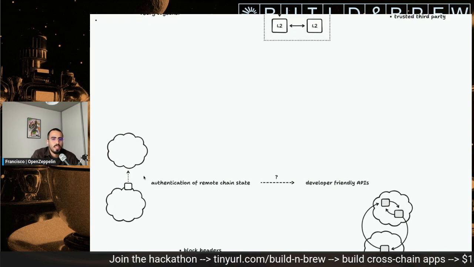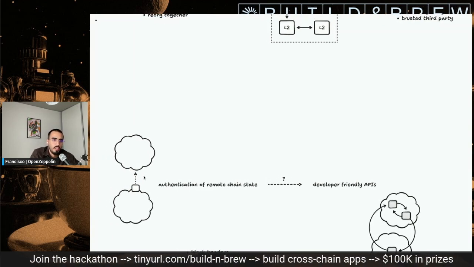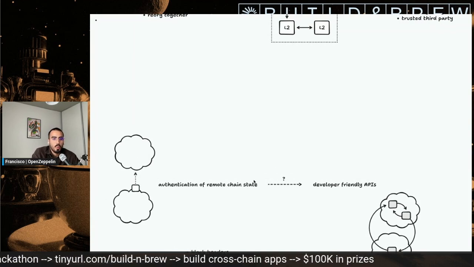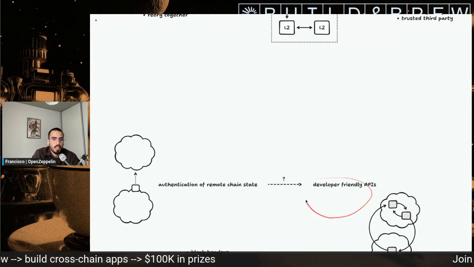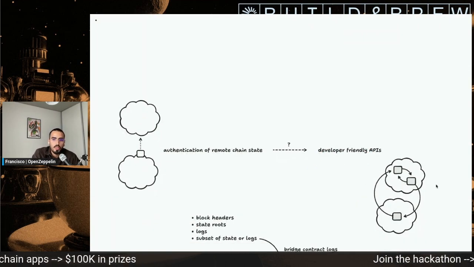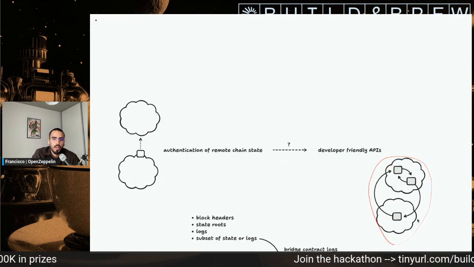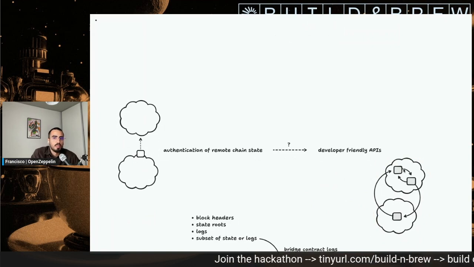But this is not really what we want for the end developer, right? So we want to know now, how do we get from there to developer-friendly APIs? We want something that looks more like this, where within the same chain, we can call functions very easily and get results.